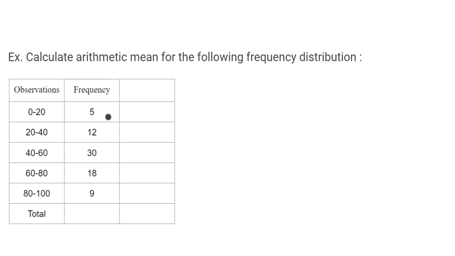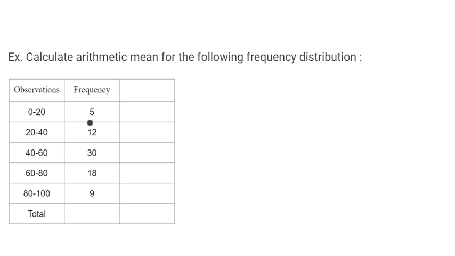So this is the continuous type frequency distribution. What is a continuous frequency distribution? In the previous type, frequencies were associated with a single value, but in this type, frequencies are associated with an entire class. Let's understand this using an example.